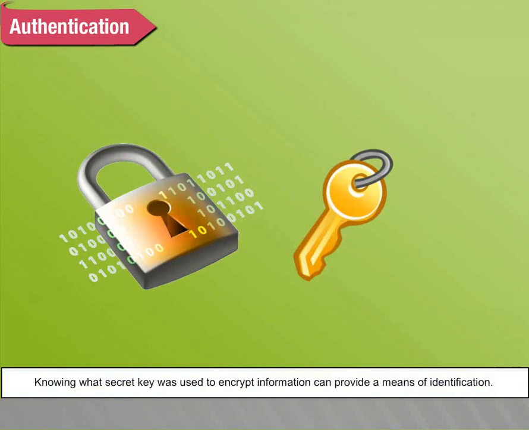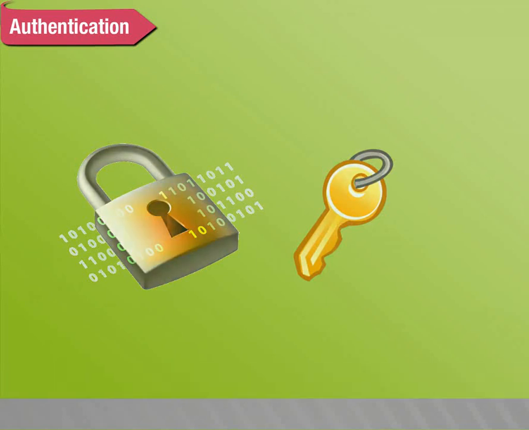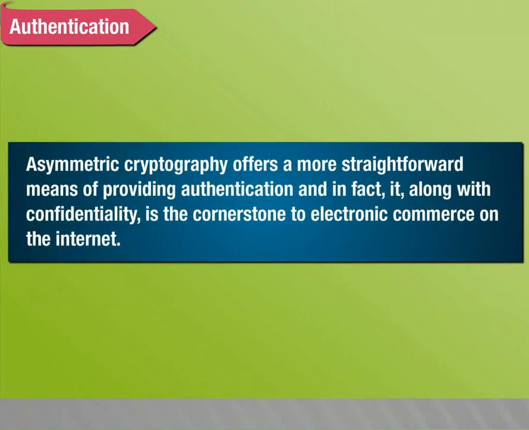Knowing what secret key was used to encrypt information can provide a means of identification. Asymmetric cryptography offers a more straightforward means of providing authentication, and in fact, it, along with confidentiality, is the cornerstone of electronic commerce on the Internet.